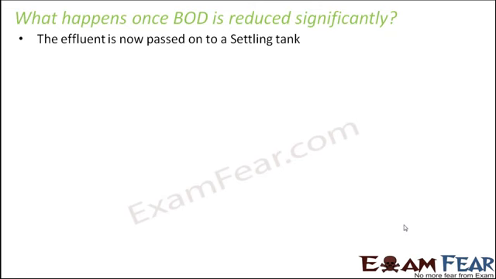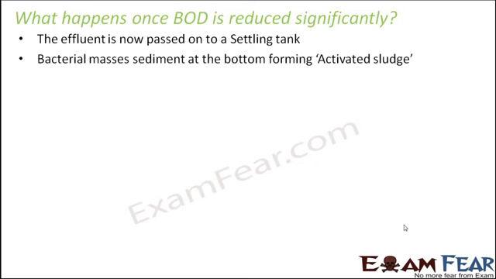After secondary treatment is done, the effluent which is received, which has less BOD, is passed on to a settling tank, and bacterial masses sediment at the bottom, forming activated sludge. So the entire thing which is formed as a result of the secondary treatment passes to a settling tank where it is left on its own for some time. The bacterial masses sediment at the bottom, and this forms the activated sludge.